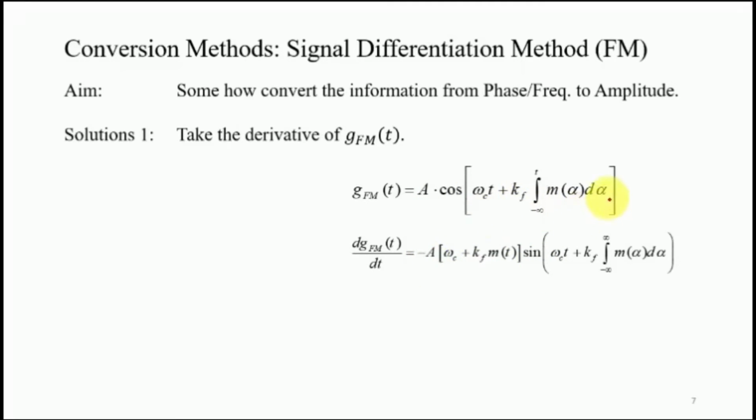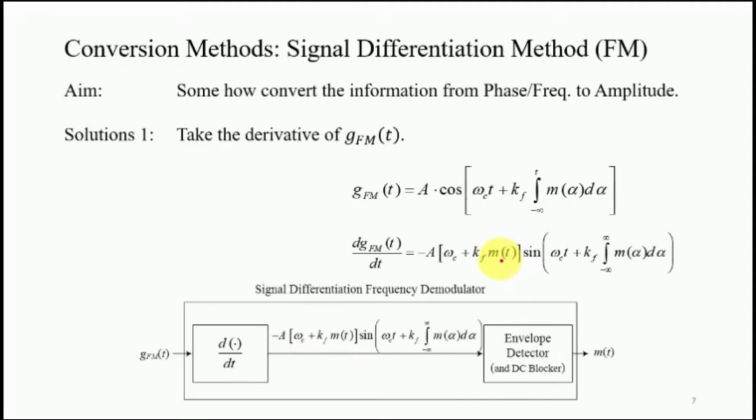And if you take the derivative of this term, omega ct by dt, the t would cancel off, and you would simply have omega c over here. Kf, the sensitivity parameter, would retain itself, and differentiation followed by an integration would cancel with each other, and you would simply have a message signal over here, right?